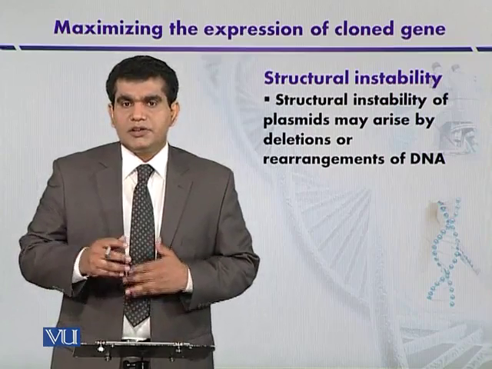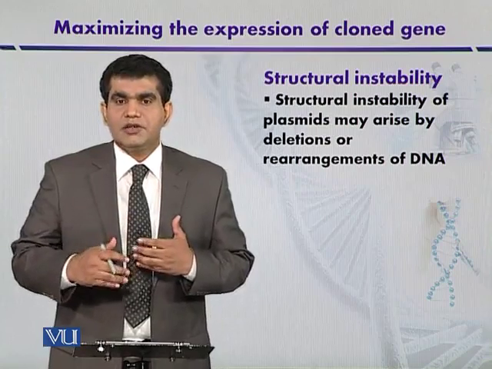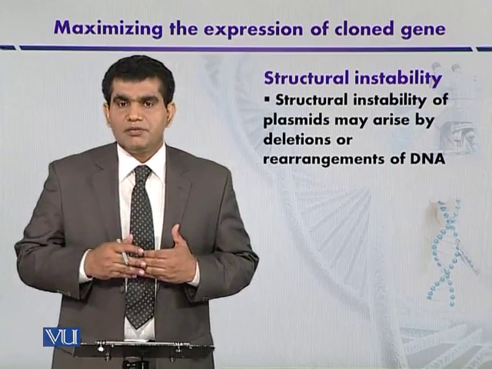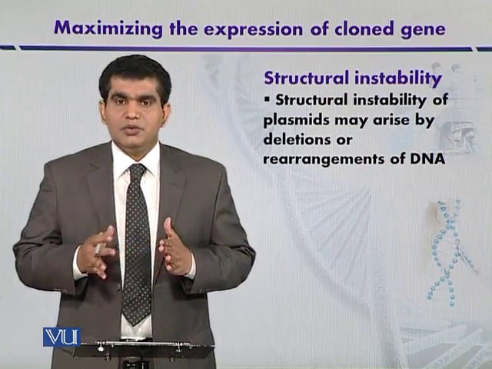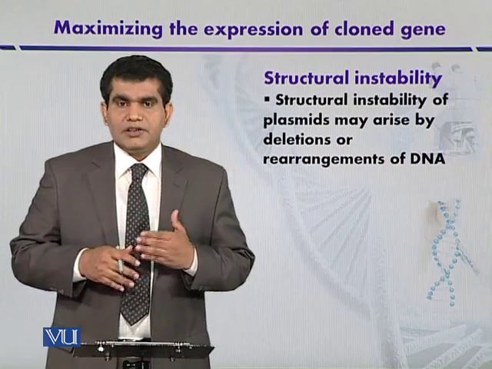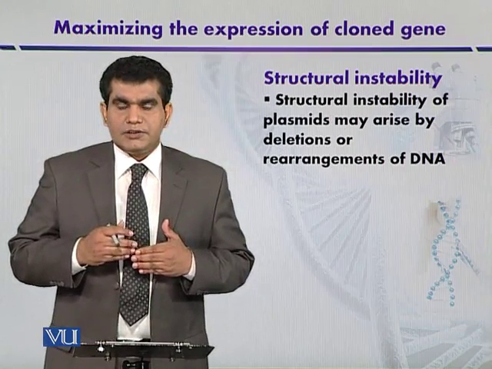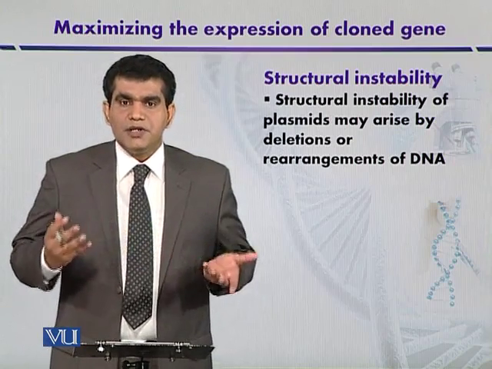This structural instability may be mediated by deletions of certain segments of the DNA. It may be due to homologous recombination at certain parts of the DNA, called short direct repeats.